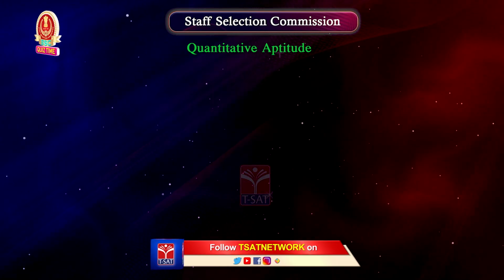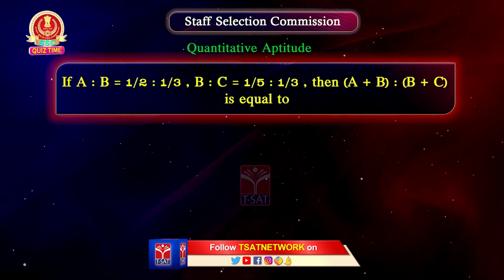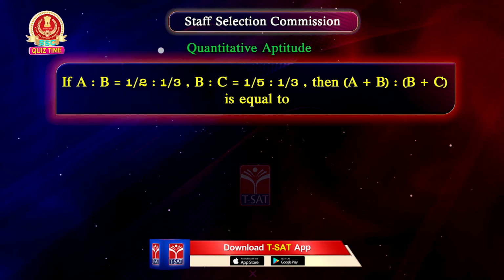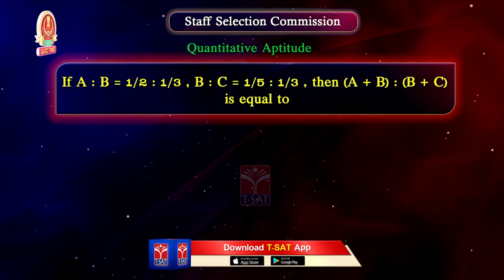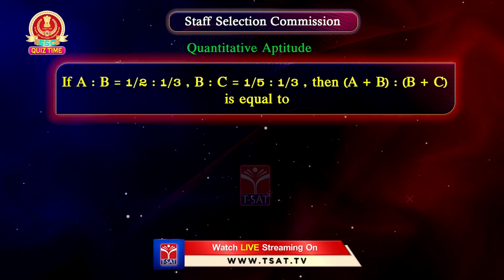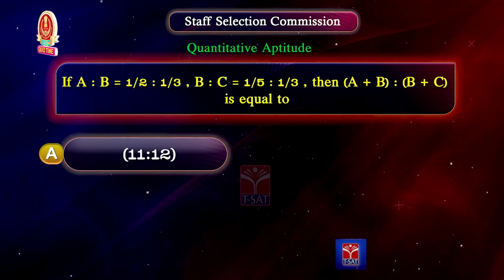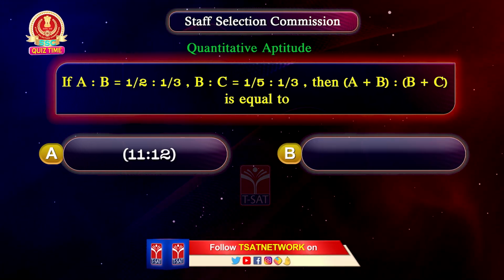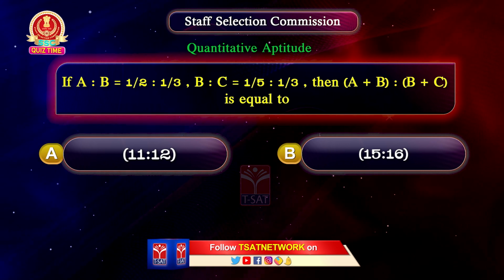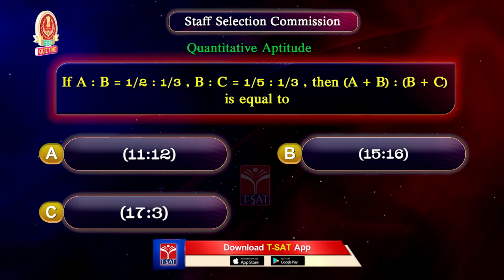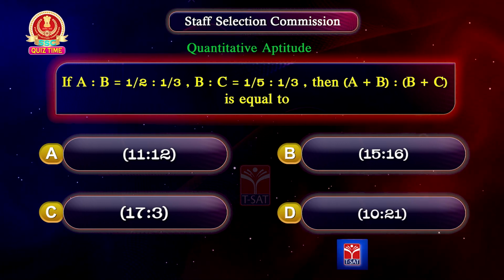Next question. If A is to B is equal to 1 by 2 is to 1 by 3, B is to C is equal to 1 by 5 is to 1 by 3, then A plus B is to B plus C is equal to: option A, 11 is to 12; option B, 15 is to 16; option C, 17 is to 3; option D, 10 is to 21.